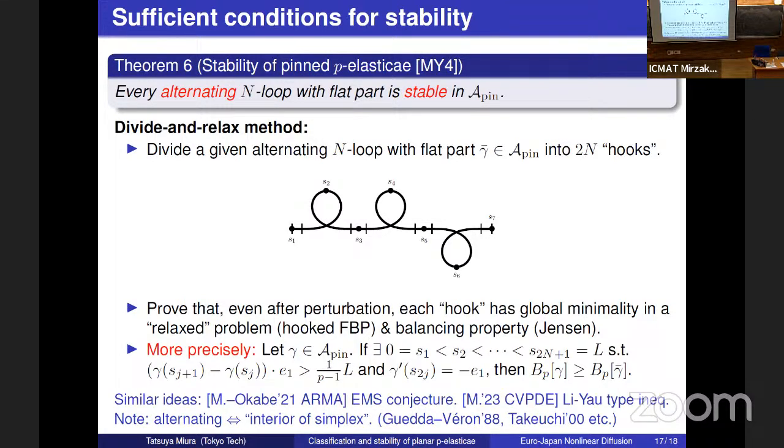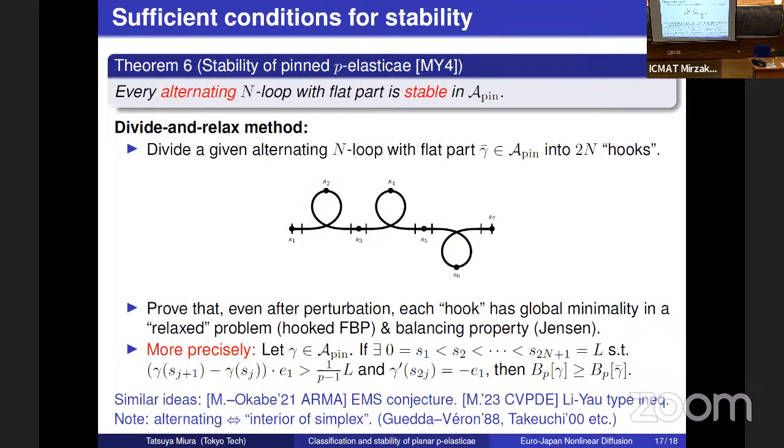And actually, one point is that we first divide and relax the class of the competitors, even to include discontinuous competitors. And by using this kind of relaxation method, we can obtain an additional free boundary condition, which again reduces the possible candidates, and then we can actually compute the minimal energy explicitly in this problem.